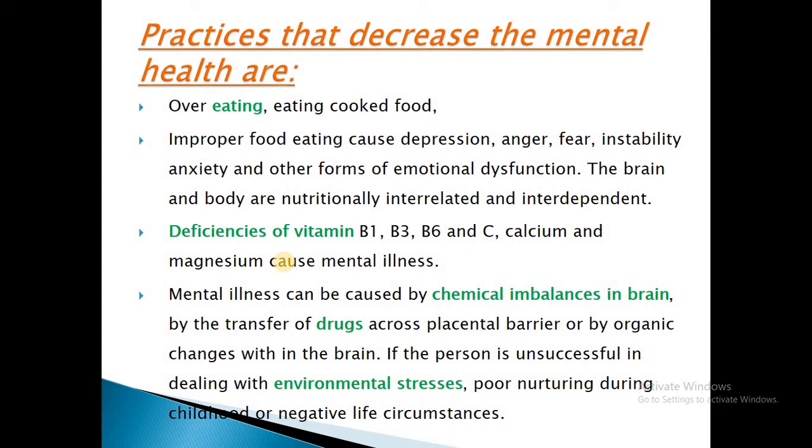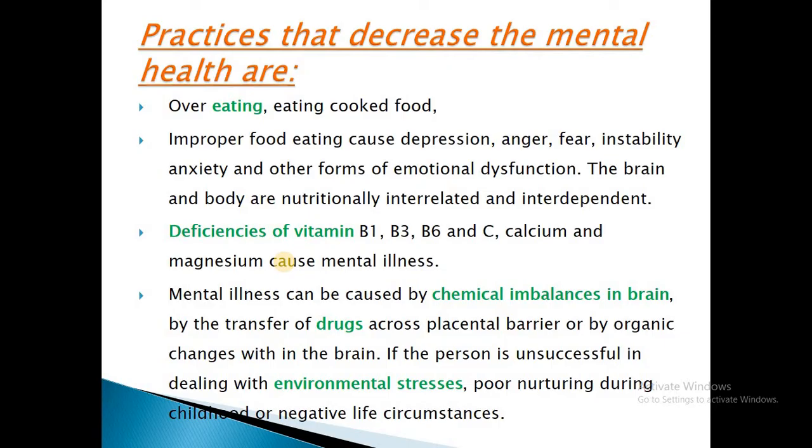Also, deficiency in several types of vitamins like vitamin A, B1, B3, B6 matters. They are important vitamins for neurological conditions and healthy neurons in the body. Deficiency of vitamin C, calcium and magnesium causes mental illness.